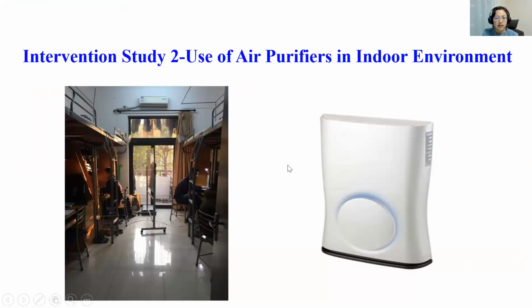The second intervention study we did was about air purifiers when people are staying inside. We also asked college student volunteers, because this is a dormitory room in the university. Usually 4 people share 1 dormitory room.